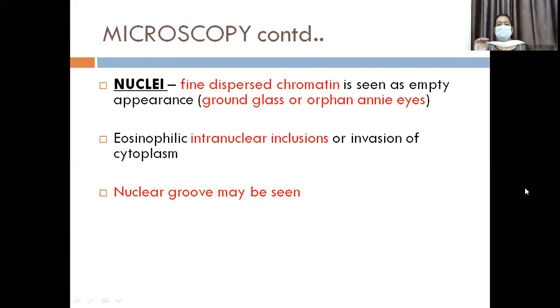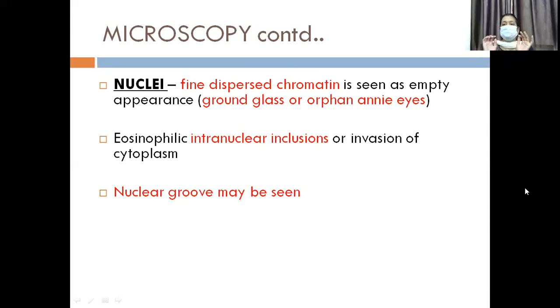Okay. And eosinophilic intranuclear inclusion means, see, there is a nucleus, there is a cytoplasm. The cell is like this, and then there is a nucleus, and then the cytoplasm. The cytoplasm goes into the nucleus.